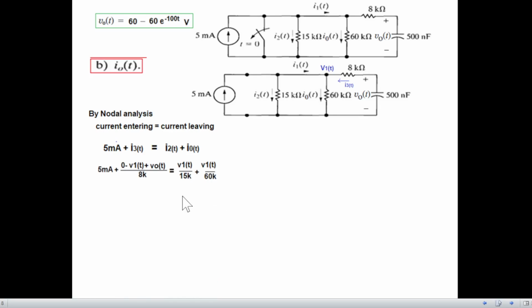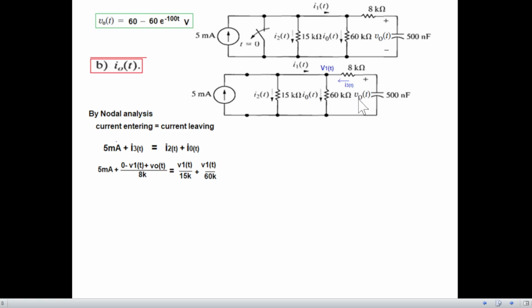Plugging in the values now, 5 ampere. How do we write I3(t)? You can see the current is starting from here going to V1. So this point is ground or 0. So 0 minus V1 divided by 8. What do we do with this voltage?